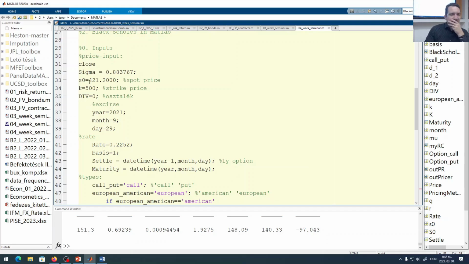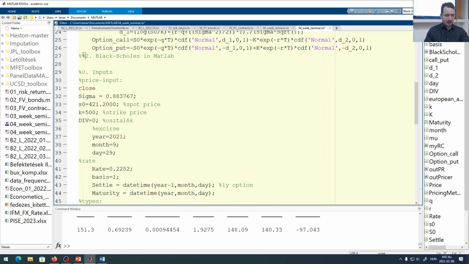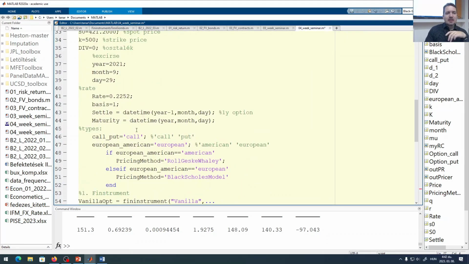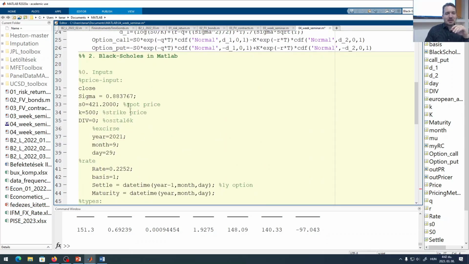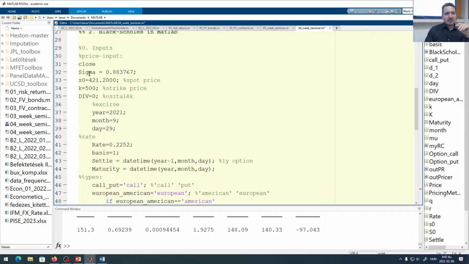Okay, so in case of MATLAB coding, there is somewhere a really good tutorial built into MATLAB, but I was not able to find it for today. But it doesn't matter. So practically, first of all, there is this dividend, but this is a dividend ratio.